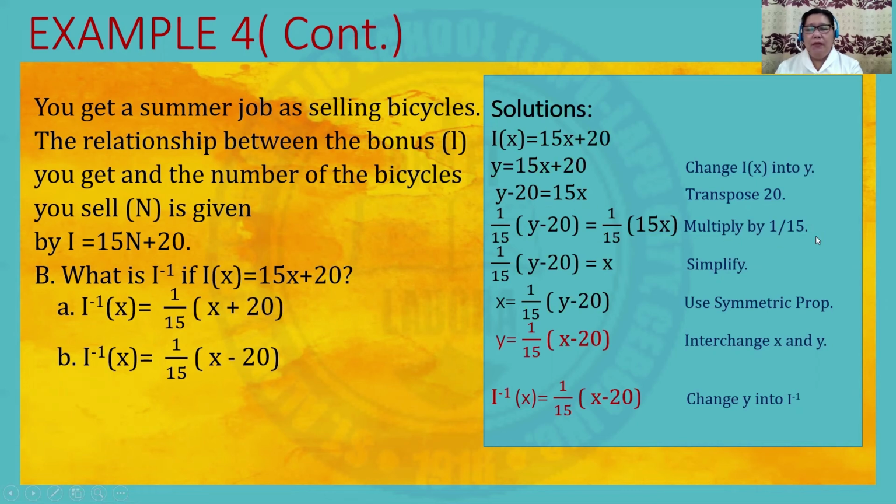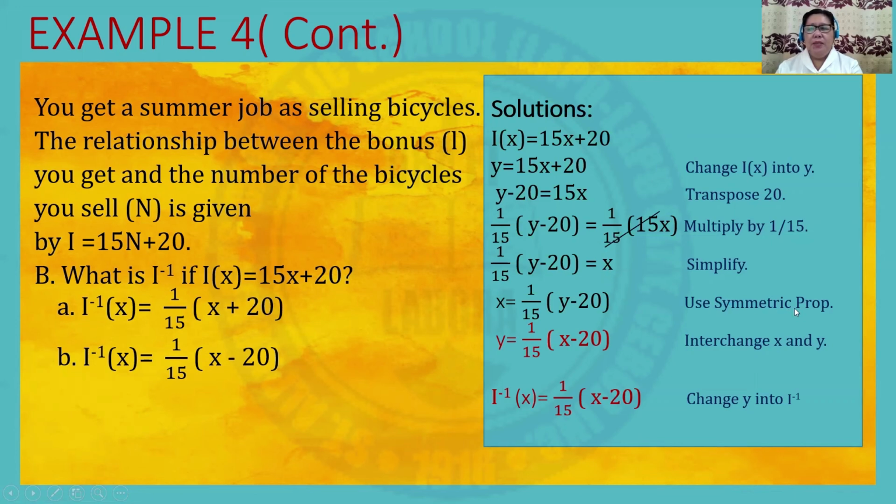Multiply both sides by 1/15: 1/15 times Y minus 20 equals 1/15 times 15X. Then, you have to simplify. You can cancel 15 and 15. So what is left here is X.